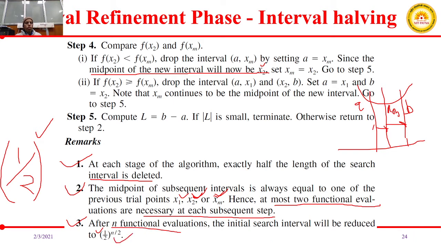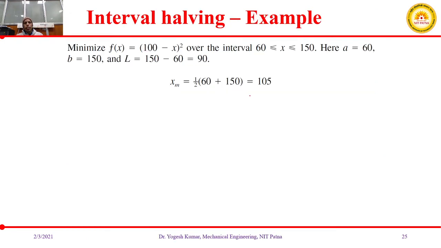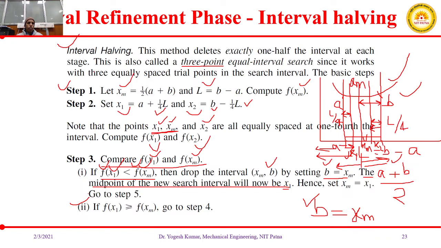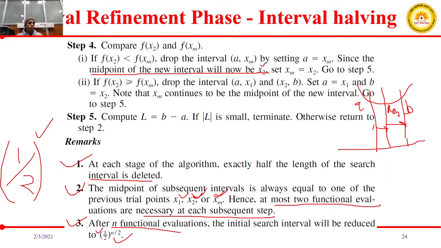The value of your search interval will be reduced, or may be calculated, by the formula (1/2) raised to the power n/2. Okay, so this way we will try to implement the interval halving method, and let us take one example. Any query in this step, in this interval refinement method? Otherwise, I will move to the example.